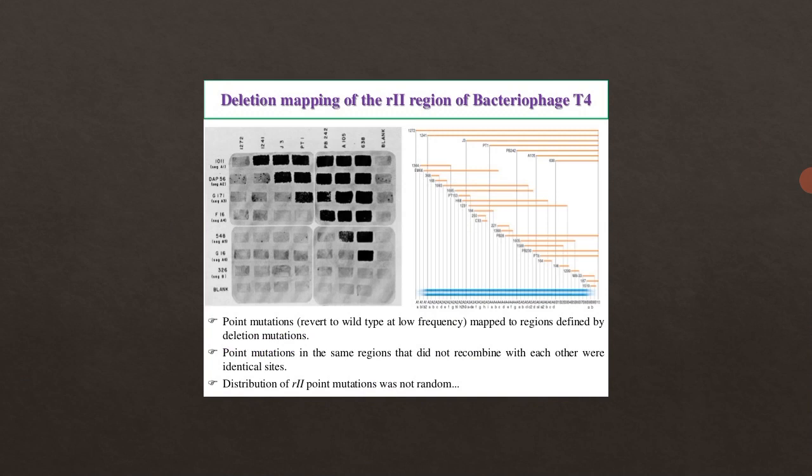So they concluded these points after studying the deletion mapping and point mutations of the T4 phage. What is a point mutation? It is basically when a nucleotide is exchanged, replaced, deleted, or added by some other nucleotide. That we call a point mutation. It is at that defined point only.